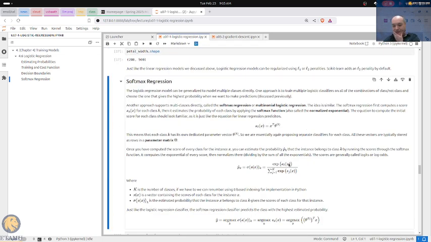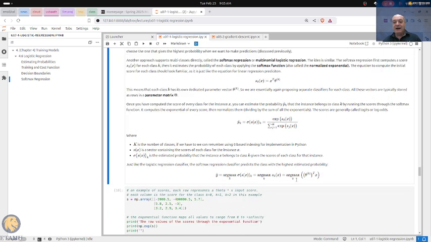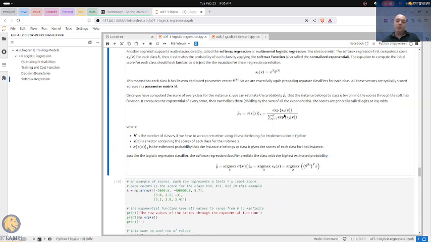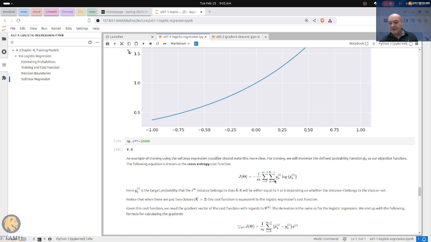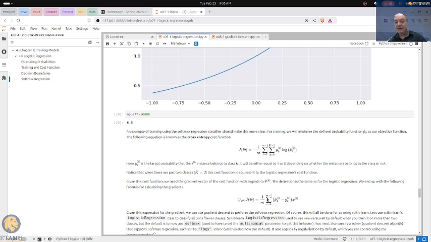So yeah, to tell you, when you use softmax regression, we actually directly are using this as a cost function and the gradients of that. But you can find the derivatives. That's kind of what this is showing here.